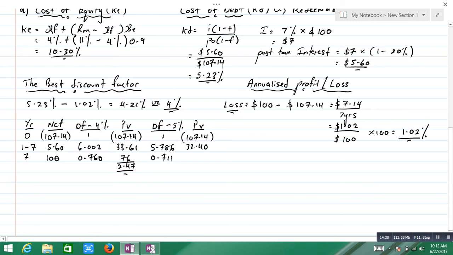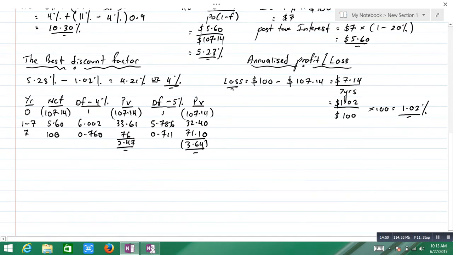Yeah. So our IRR, which is our KD, is A plus NPV A over (NPV A minus NPV B) times (B minus A).